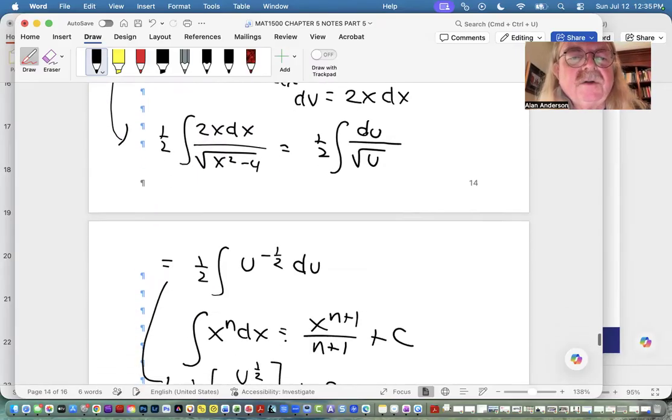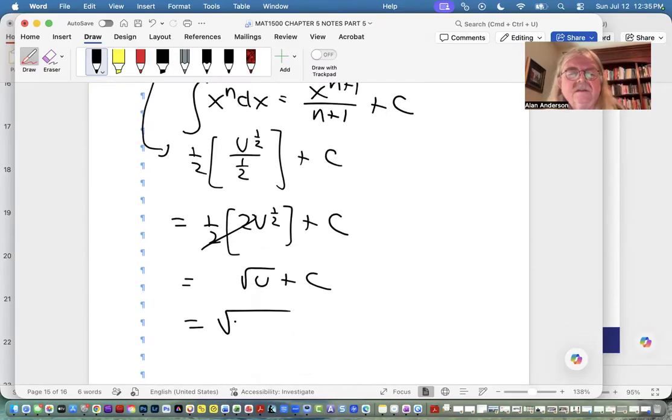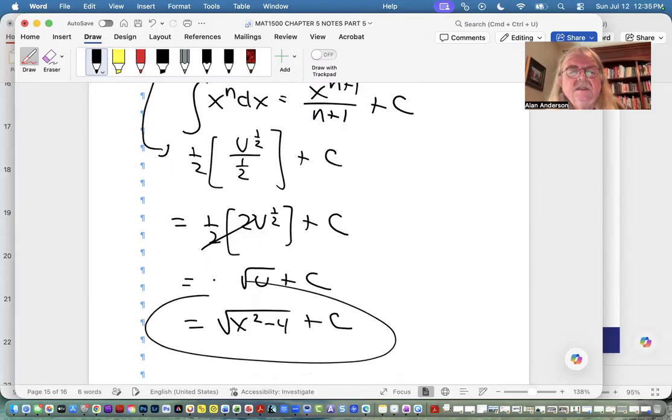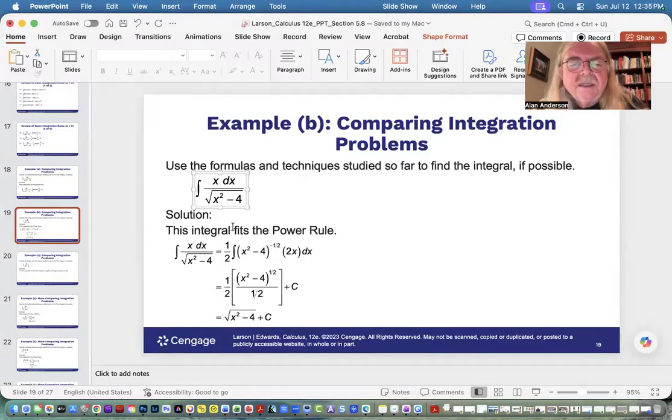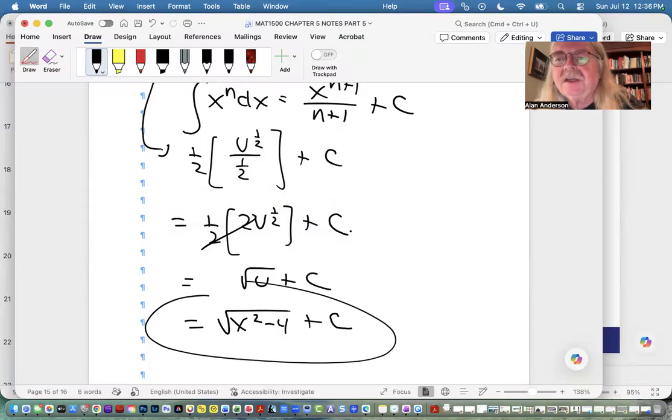And that's x squared minus 4 under the square root sign. That should do it. Yeah. Okay. So you can see we don't want to get too dependent on these tables. Sometimes we don't need them. This time, straight ahead, u substitution did the trick.